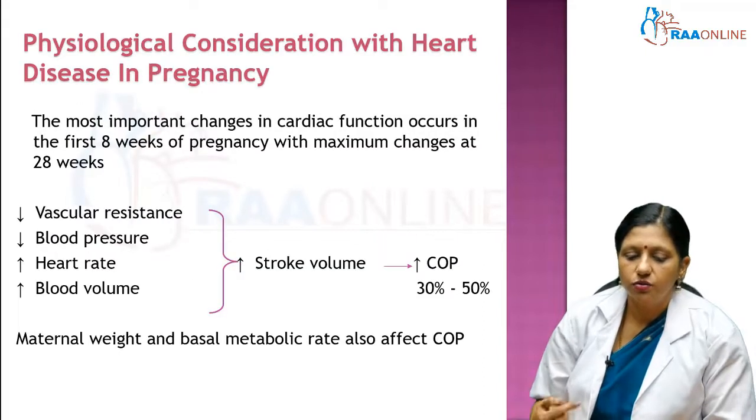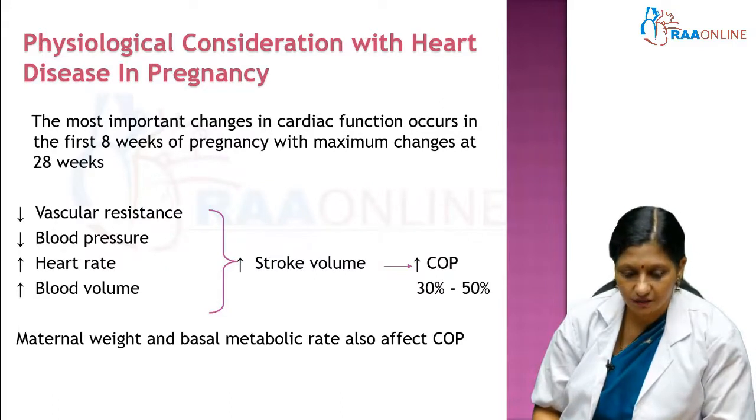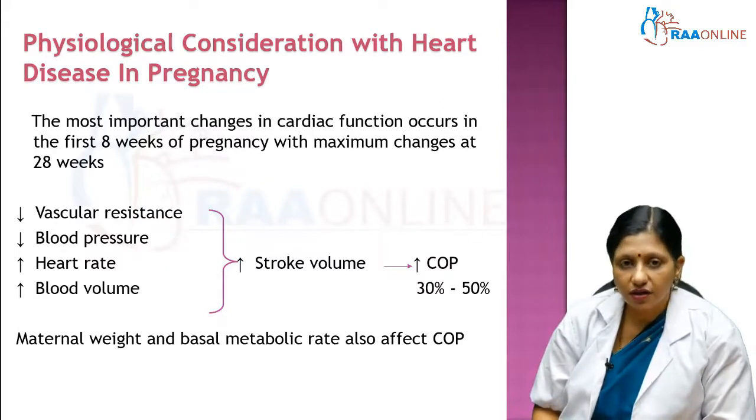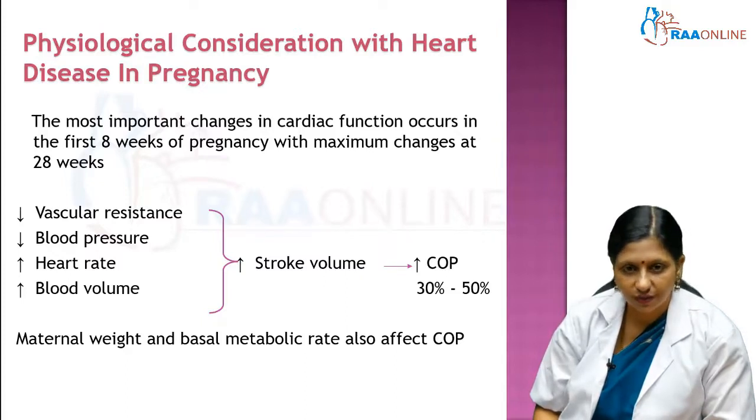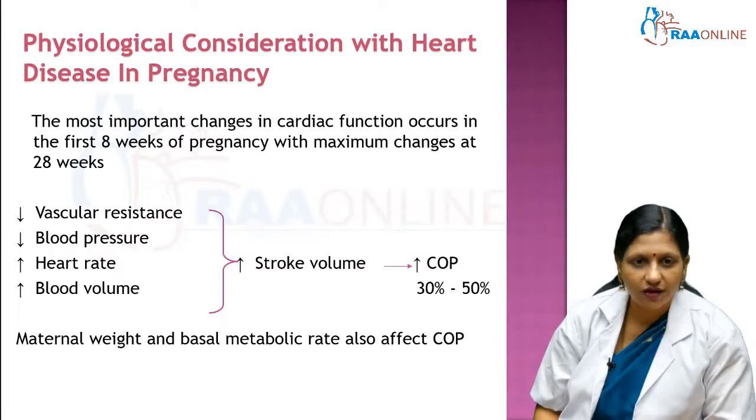What happens to the cardiac function as pregnancy advances? Within the first 8 weeks of pregnancy, changes start, and these changes maximize at 28 to 32 weeks. In a pregnant individual, there is a fall in vascular resistance with the advance of pregnancy.